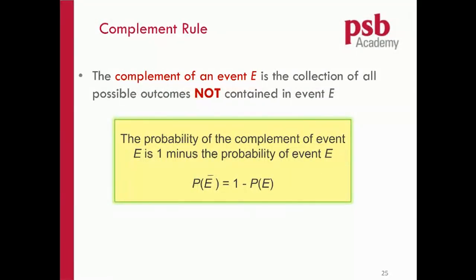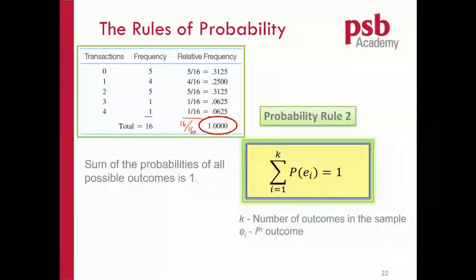This is the one I illustrated to you. Yeah. What's the chance of getting a 1? 0.25, 4 over 16. What's the chance of not getting a 1? Not getting a 1 means getting the rest, but not 4, not 1. Okay, so you get 5 plus 5 plus 2, 1 plus 1. So you get 12.